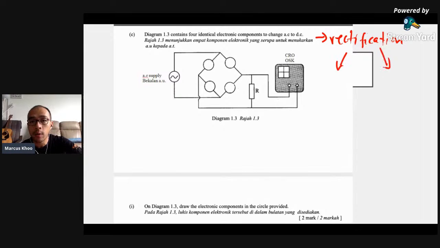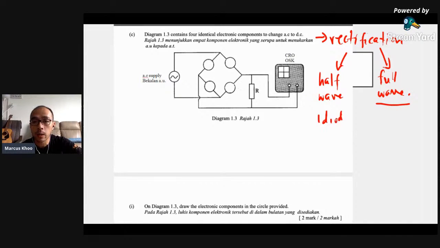One is half wave rectification, and the other one is full wave rectification. Now in the case of these 4 components over here, this is obviously full wave. Half wave is just 1 diode only. Full wave is 4 diodes.